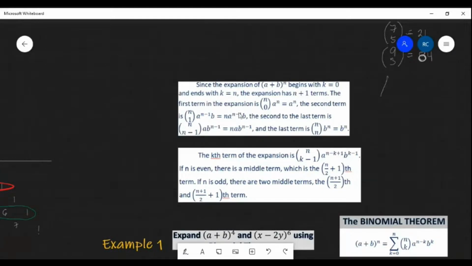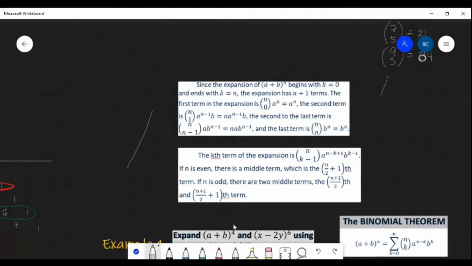Okay. The first term in the expansion. Let's first expand the binomial theorem before we go to the first term, second to the last, and so on and so forth.